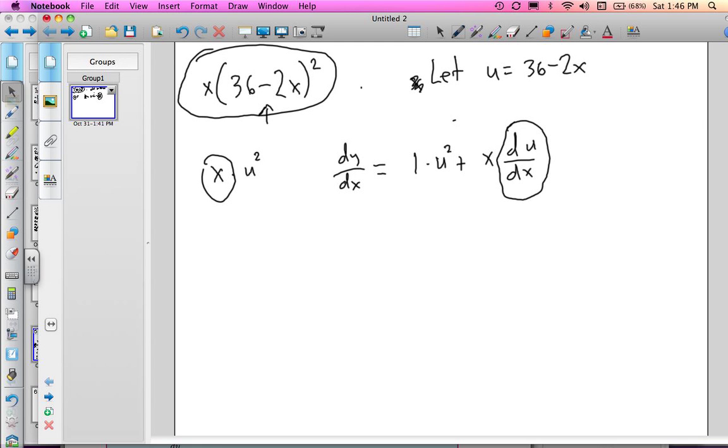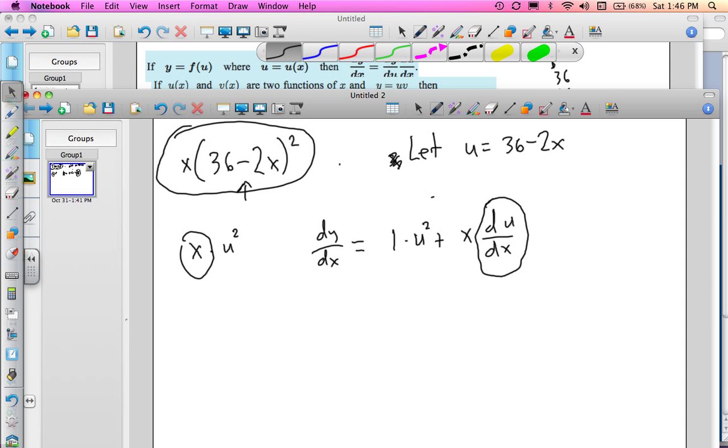I know I used u, and that might be a little confusing, but let's just say that this derivative we're talking about is the derivative of that, and that's when you use the chain rule.